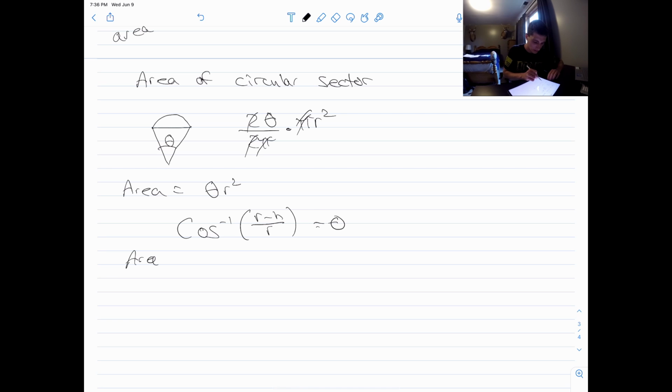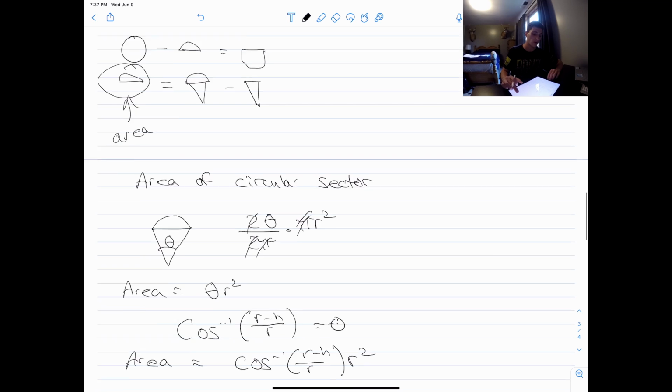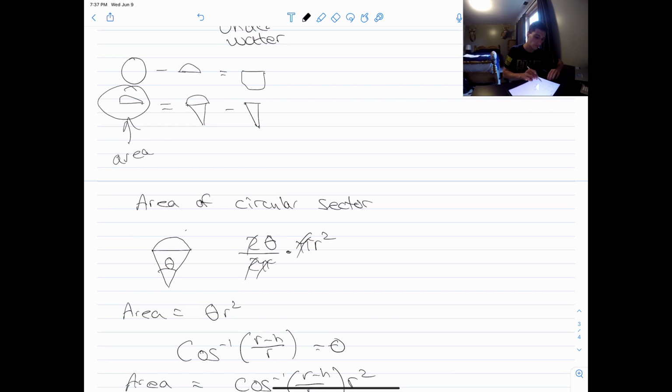So now our area is equal to the arc cosine of r minus h over r times r squared. Cool, so we have the area of the full circular sector, which is right here.